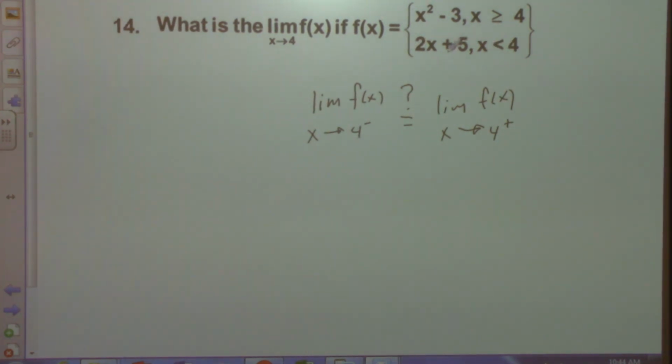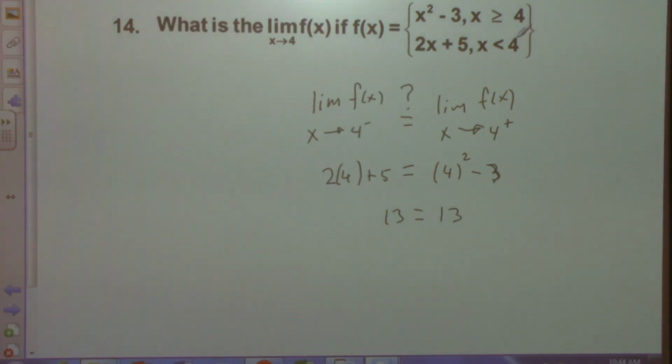We plug in 4 from the left side, so we have 2 times 4 plus 5 on the left side. On the right side, we have 4 squared minus 3. On the left side, we have 8 plus 5, which is 13. On the right side, we have 16 minus 3, which is 13.